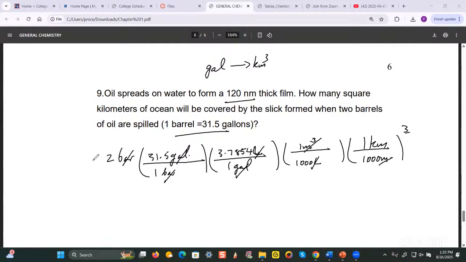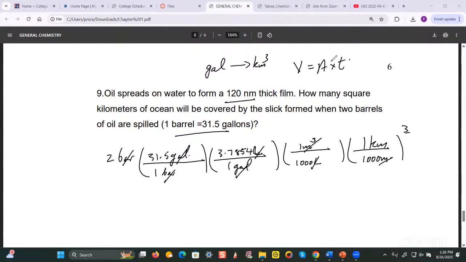Now, here's the thing. What we're talking about here is the volume. To get the area, you may be familiar with this equation from your math class: the volume of an object would be equal to its area multiplied by the thickness.